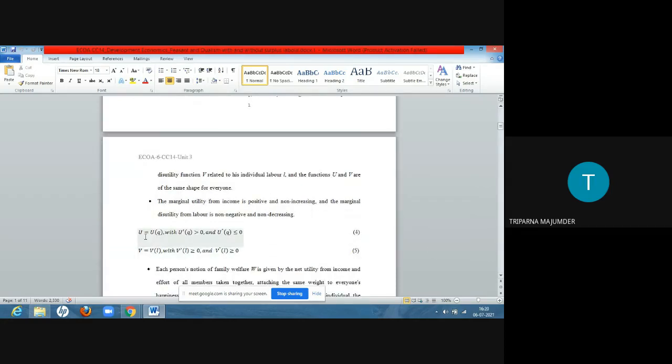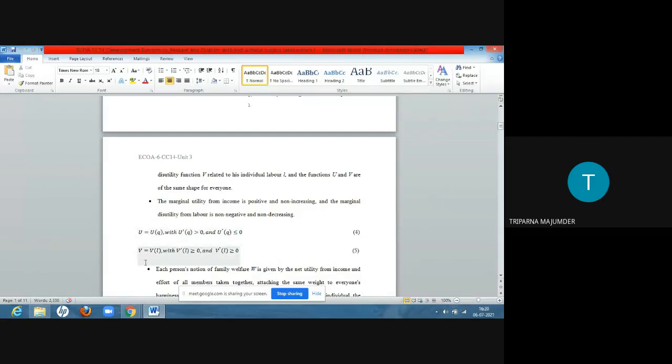That is, the utility function is U as a function of q, with the first derivative greater than 0, that is, marginal utility is positive, and the rate of change of marginal utility is less than or equal to 0.